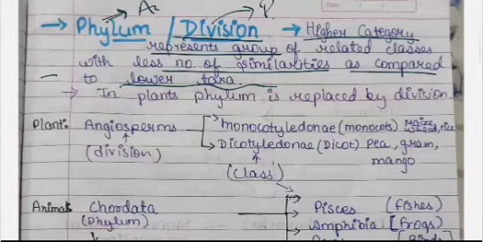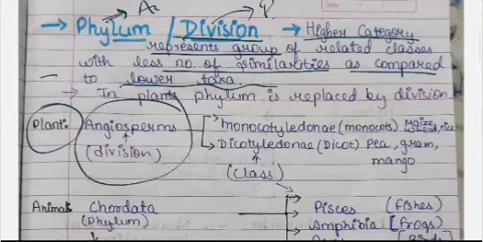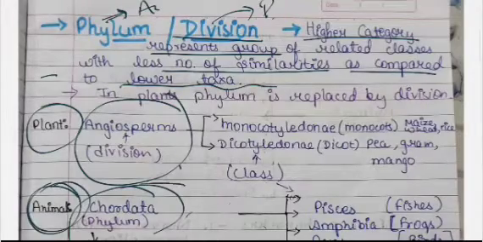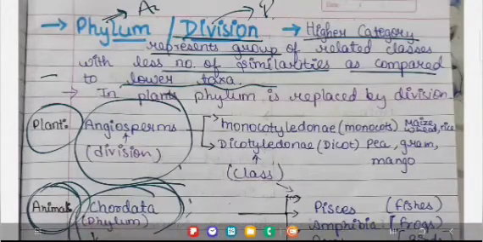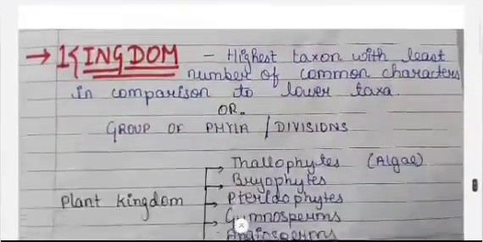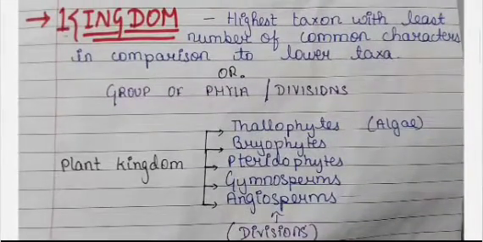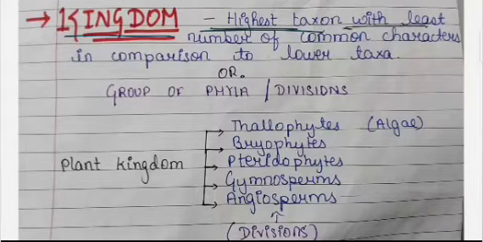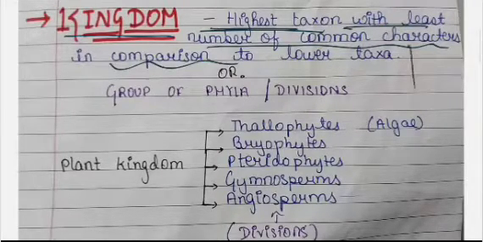In plants, Angiospermae is a division, and in animals, Chordata is a phylum. Now, kingdom is the highest taxon with the fewest common characters in comparison to all the lower taxa.